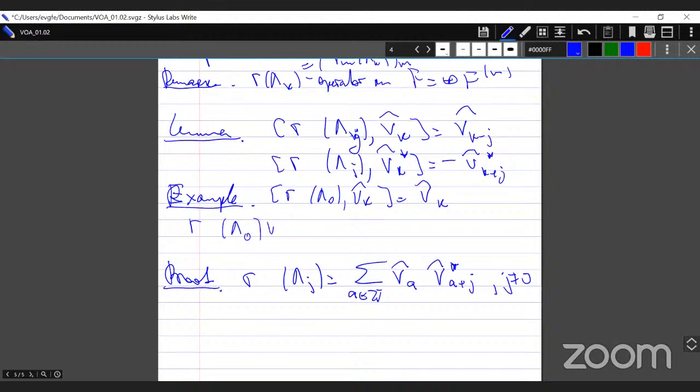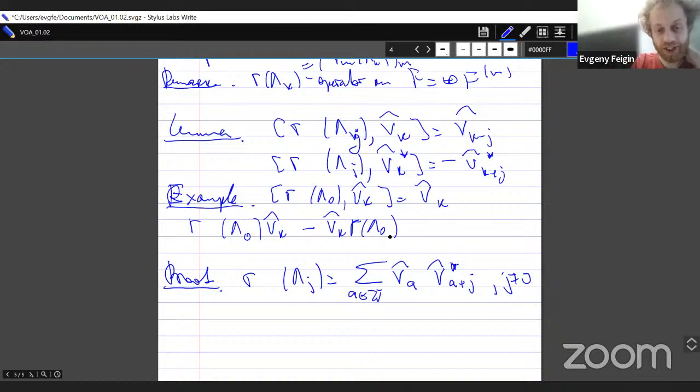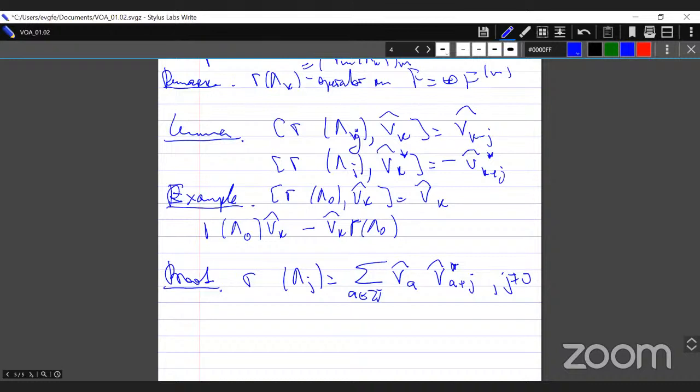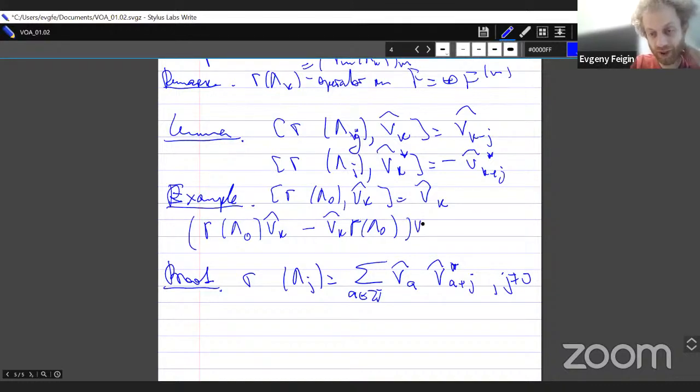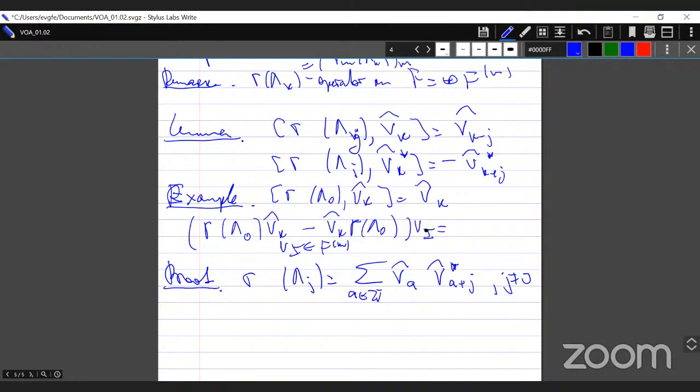It is true because we can first apply R of lambda 0 to... Okay, let's do it in this order. First... I forgot whether we removed or added first. In one case we removed first. Let us write it explicitly. So for v_i in F_m, as Sasha is saying, we can first apply the v_k hat to v_i and get to F_{m+1}.